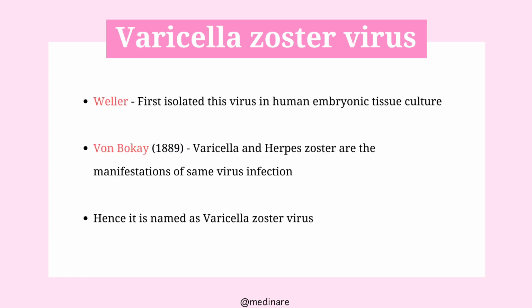Weller was the first person to isolate this virus in human embryonic tissue culture. Also, Von Bokay in the year 1889 suggested that varicella and herpes zoster are manifestations of the same virus infection, which I mentioned earlier in this video, right? So both these manifestations are caused by a single virus called Varicella zoster virus, and therefore it is named so.